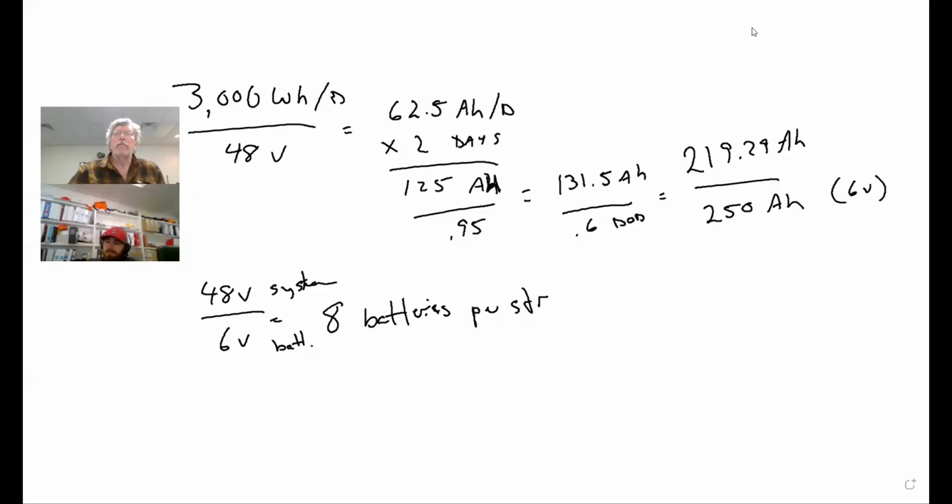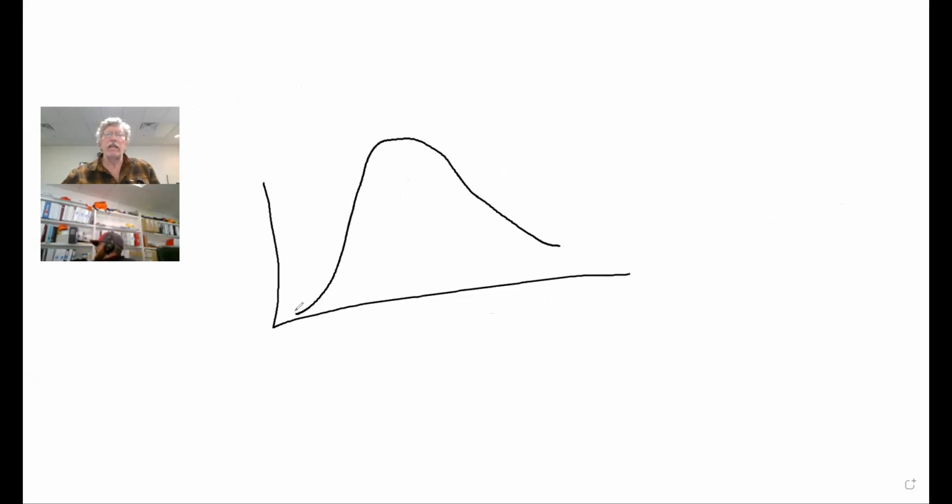why clipping works. First off, remember the production curve of a system, let's talk about a single panel. Assume that's a perfect bell curve, and this would be solar noon. That's when the system is producing the most power, and it's pretty much a typical bell curve from beginning to end.